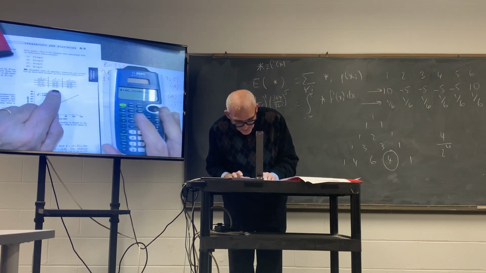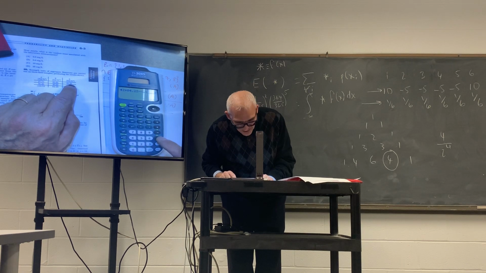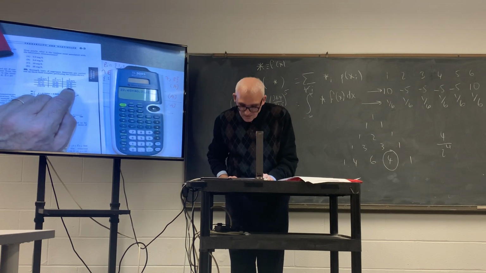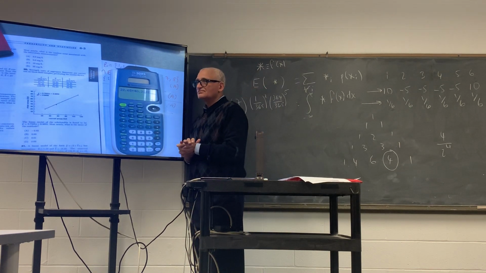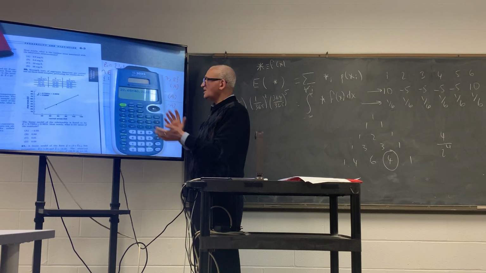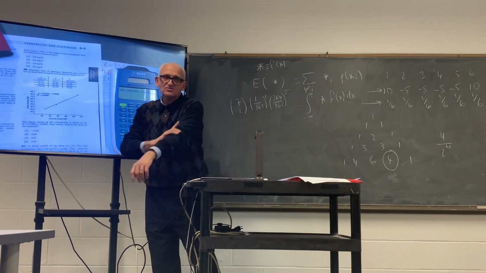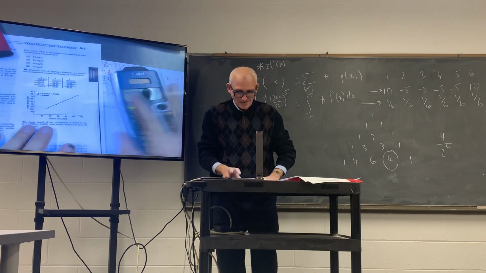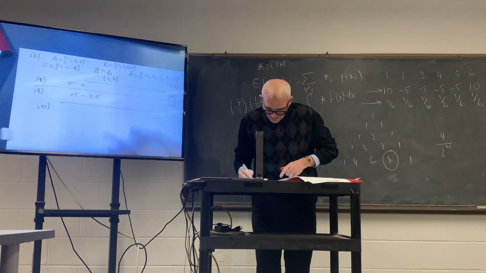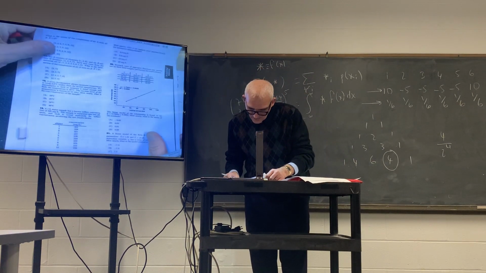Then I open parentheses, 2131 plus 4224 plus 8355. I got 0. So the sum of the differences adds up to 0, and if you divide it by 3, you'll get 0 anyway. So this is 0, and 0 is B.